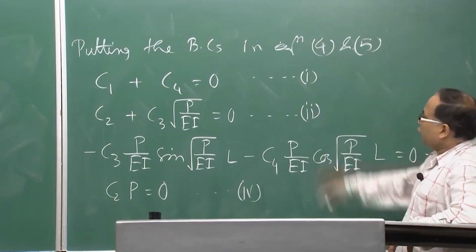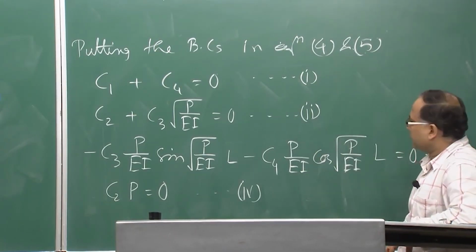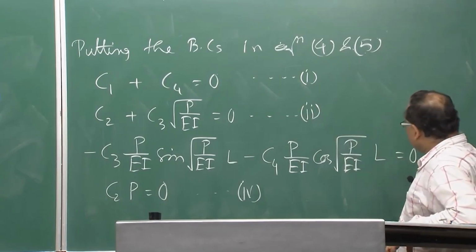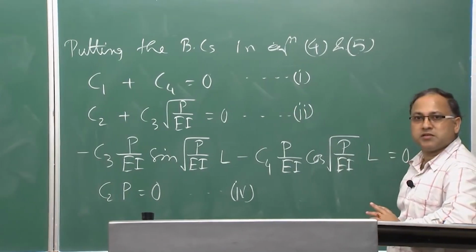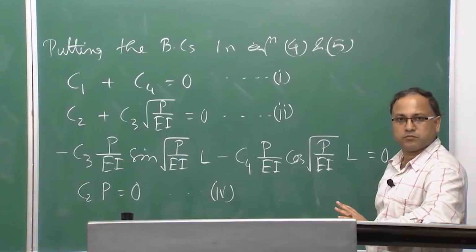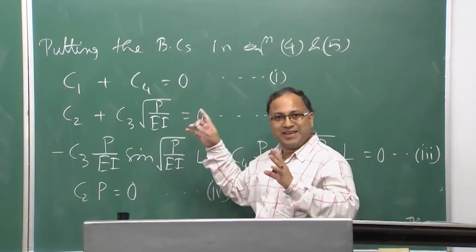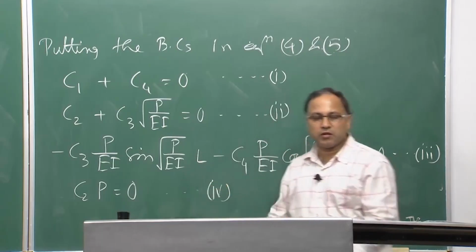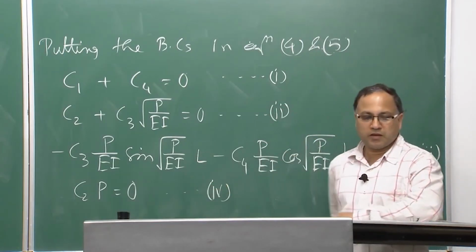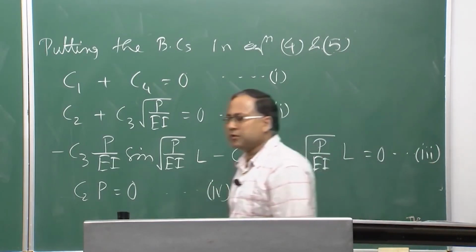Now, if you look at these 4 equations, the right hand side of each and every equation, all the 4 equations, is 0. Then what can we say?